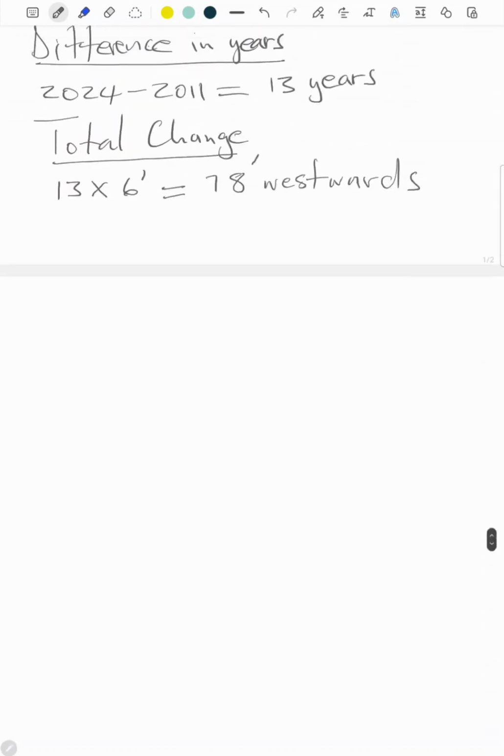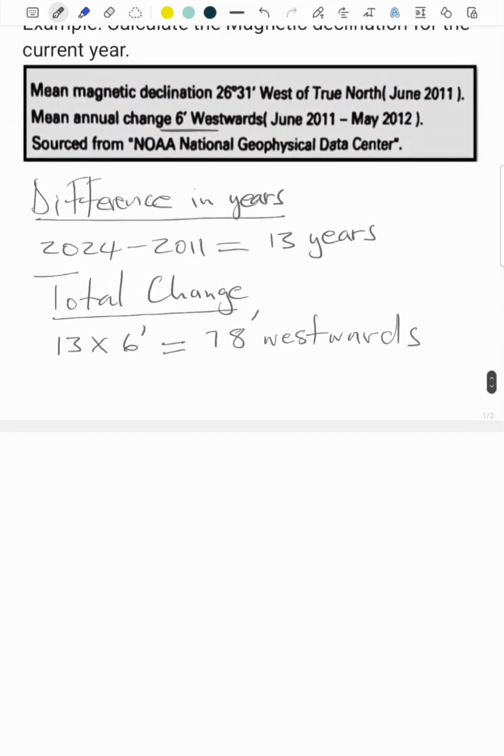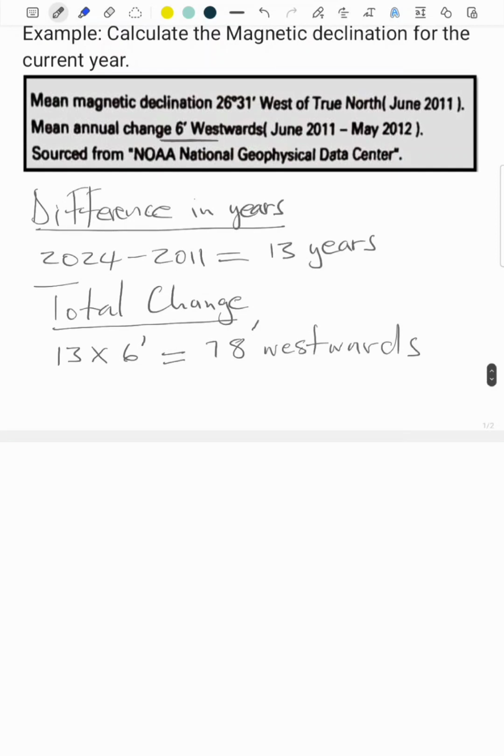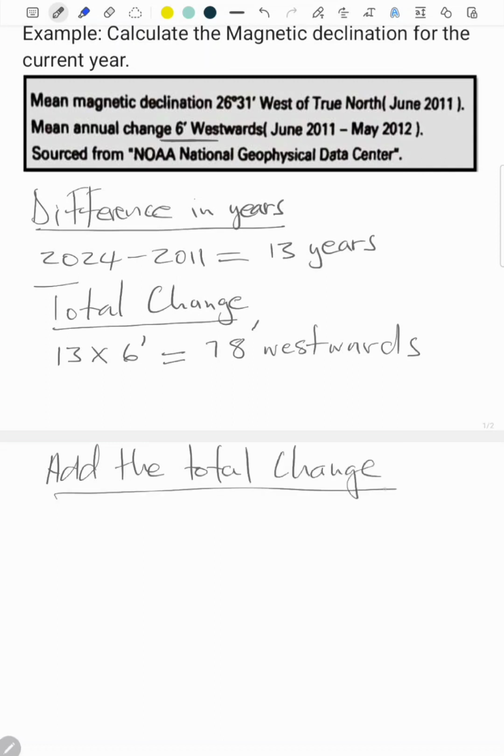And then now we have the total change. Then lastly, we add the total change to the given information. We were given that in 2011 the mean magnetic declination was 26 degrees 31 minutes.